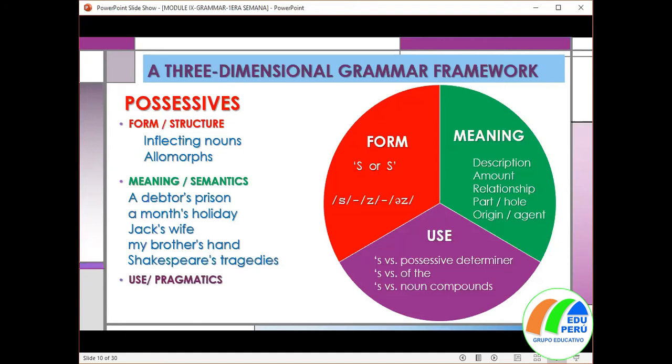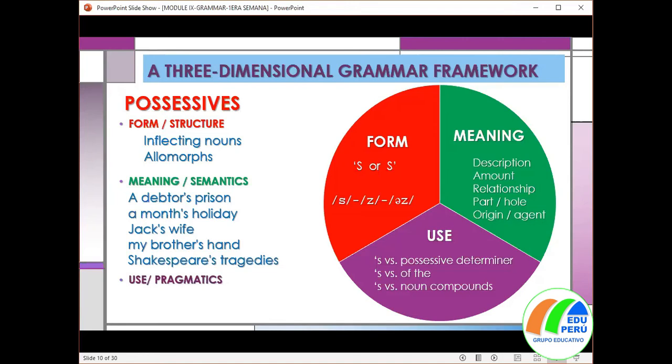It doesn't have the same meaning. What about the other, Jack's wife? You're talking about a relationship between these two people. It's not exactly a possession. Notice, again, the meaning is different.